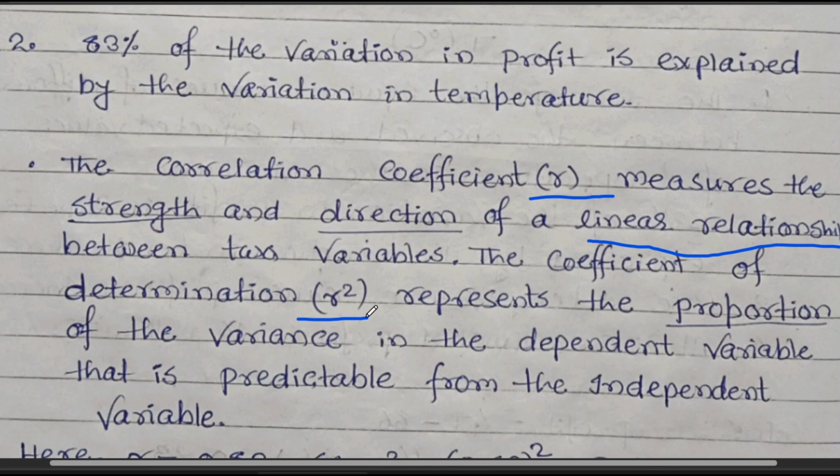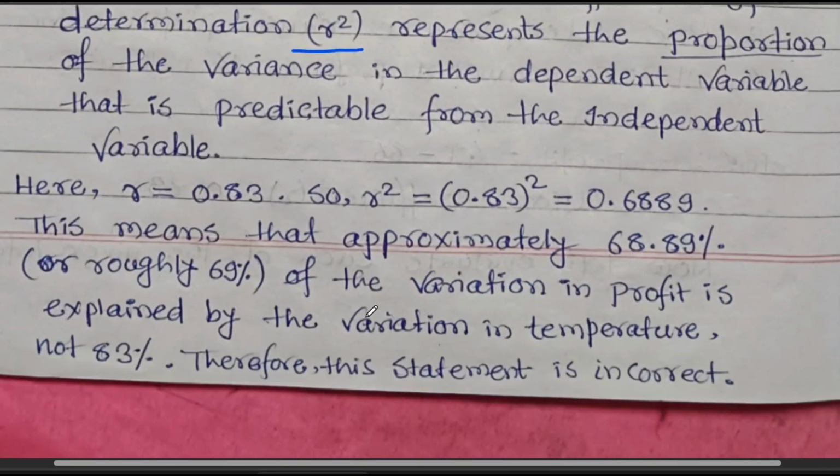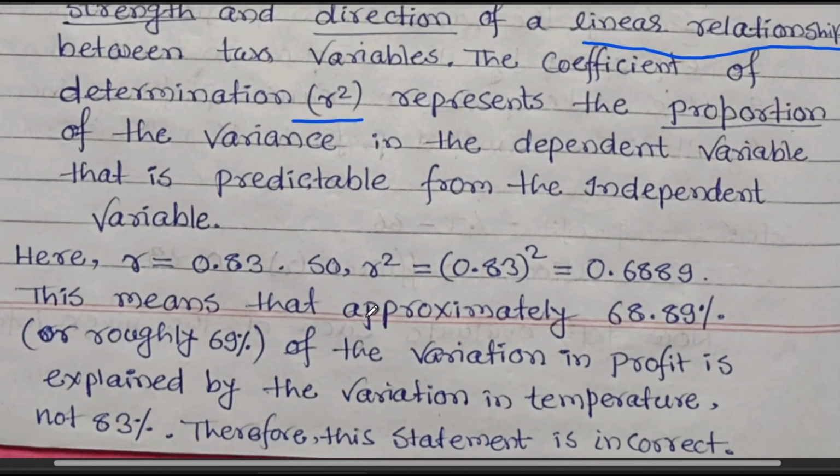So here R is given as 0.83. R square is 0.83 whole square, which comes to 0.6889. This means approximately 68.89 percent, if you change it into percentage, or roughly 69 percent, of the variation in profit is explained by variation in temperature.